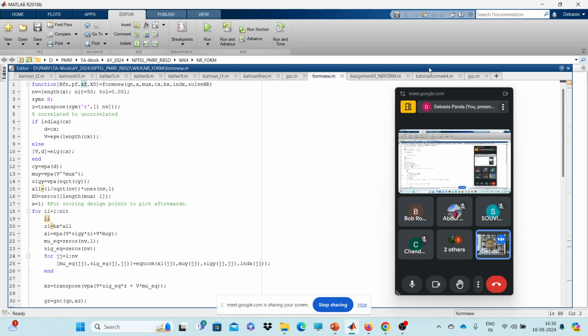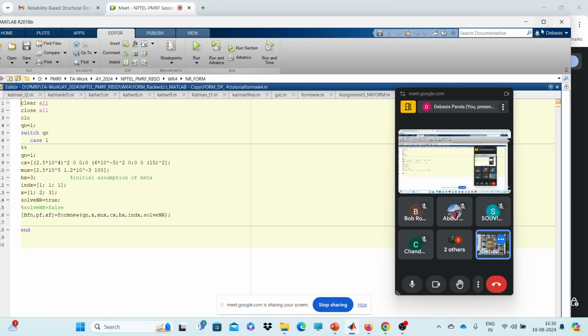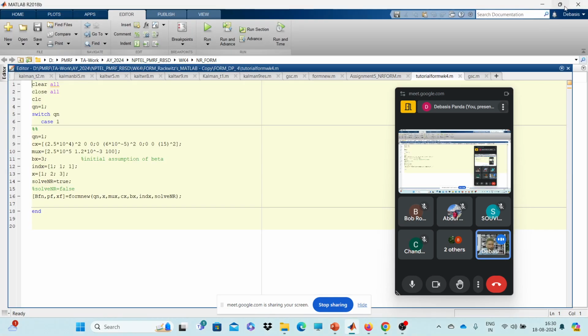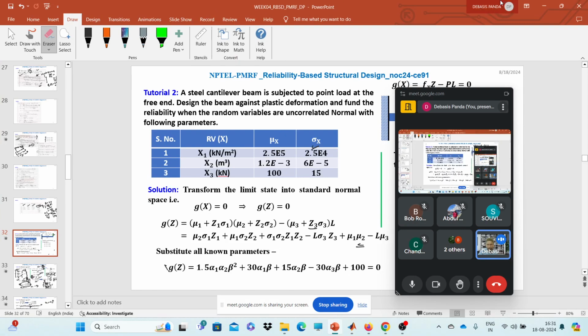So let's quickly solve one problem, then this will become clear. What was our first problem, the cantilever problem? Let's quickly revisit it, so that we can put these values here.